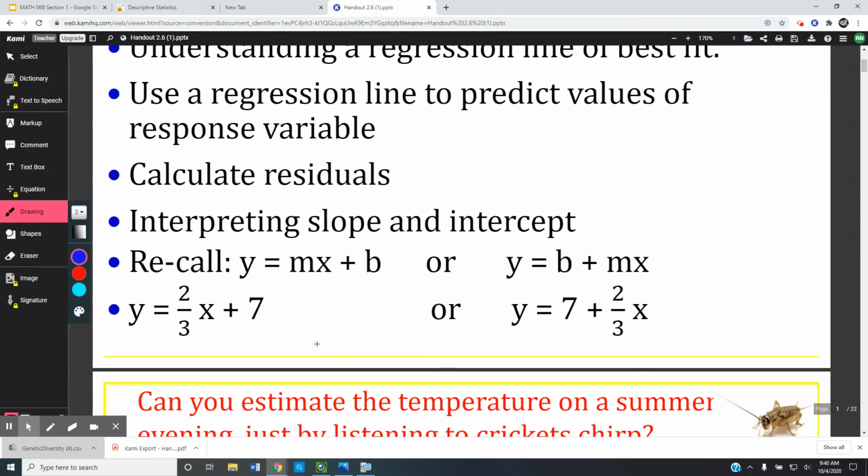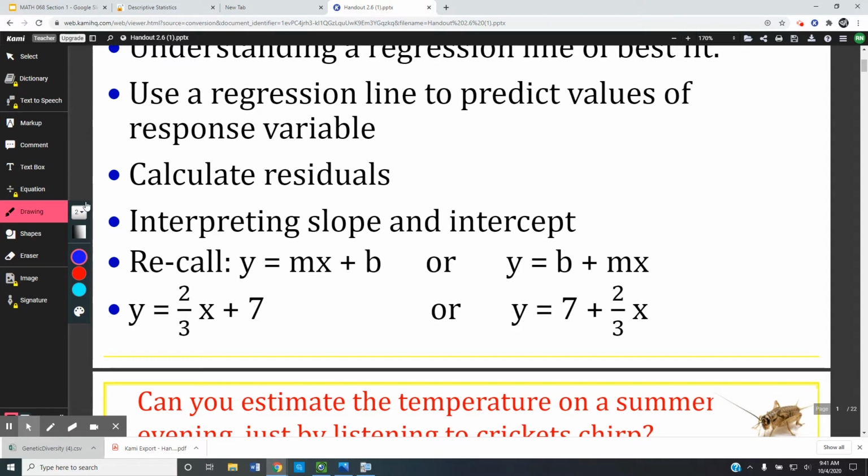However, we tend to think more in terms of the intercept being the important feature to start with and the slope being the secondary feature. So in statistics, we perform the reversal, or we change the position of those, to where we put the 7 first because we want to know a starting place of our line, and then we want to apply a 2/3 slope to every x variable or every explanatory variable that's inserted.